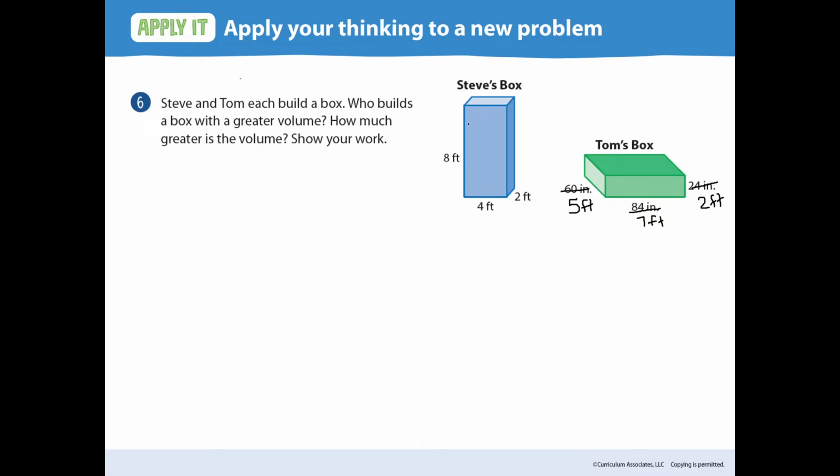So I'm going to find the volume of Steve's box first. I'm going to multiply 2 times 4, which is 8, and then 8 times 8, which is going to be 64 cubic feet.